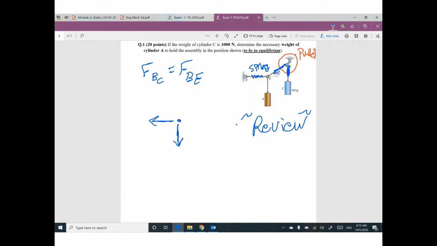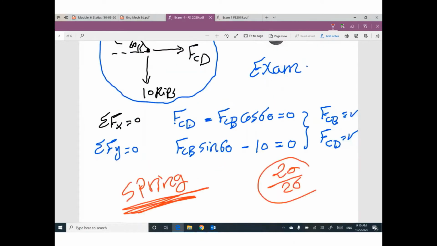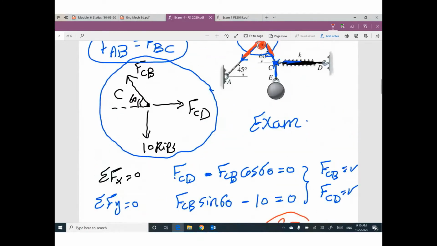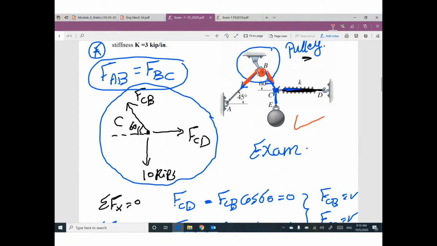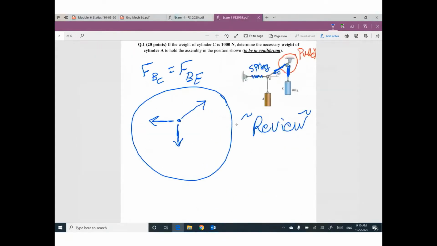What is the difference between this one and this one? Can anybody answer this question? What is the difference between this equilibrium, this situation, and that situation? Everything is recorded.